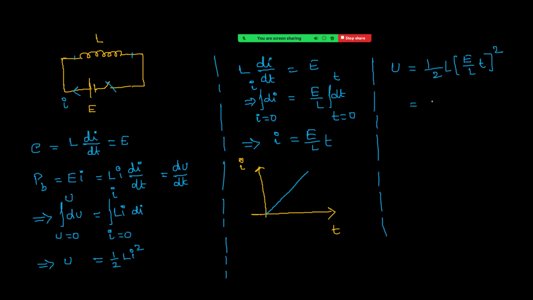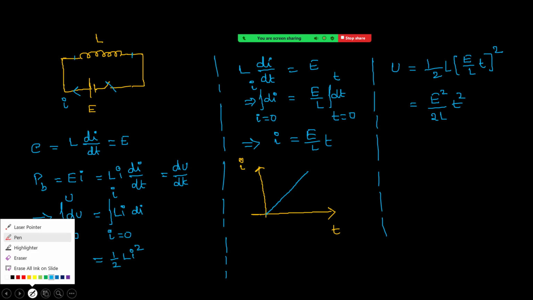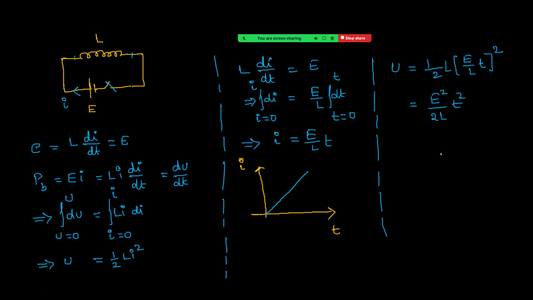This is now, see what we are going to get, E square by 2L into T square, right? It is T square. That means if you plot a graph for potential energy versus time, it will be parabolic, right? It is of the form y equals something into x square.